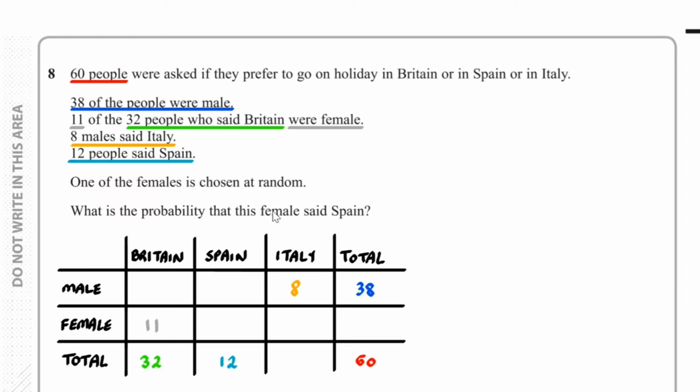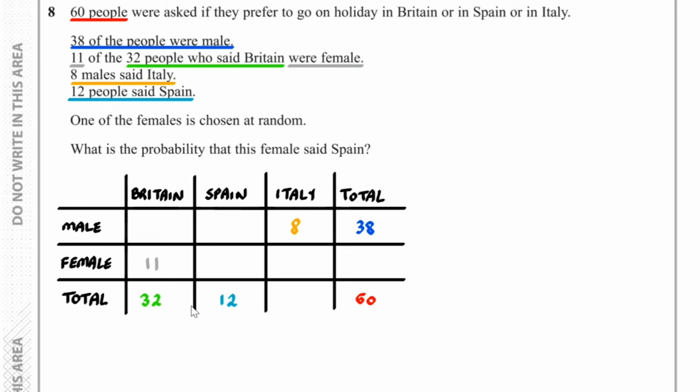Now we need to find the probability that this female said Spain. So what we can do is find out the missing boxes. 60 take away 38 is 22, so we have 22 females in total. Then we have 60 take away 32 take away 12, that's 16, so we have 16 who said Italy.